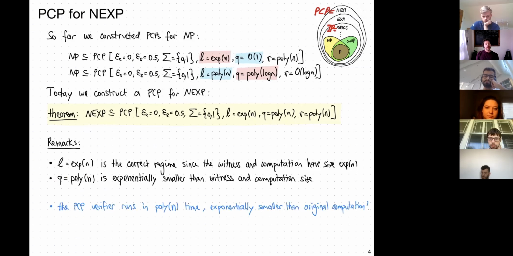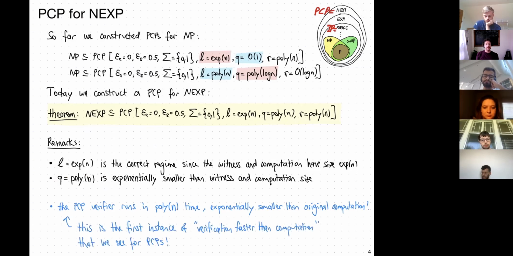Okay, so we'll have this PCP, which crucially will run in poly n time, and that's the key point here. And this is the first time that we'll actually see a PCP which runs faster than the computation itself that we're trying to do.